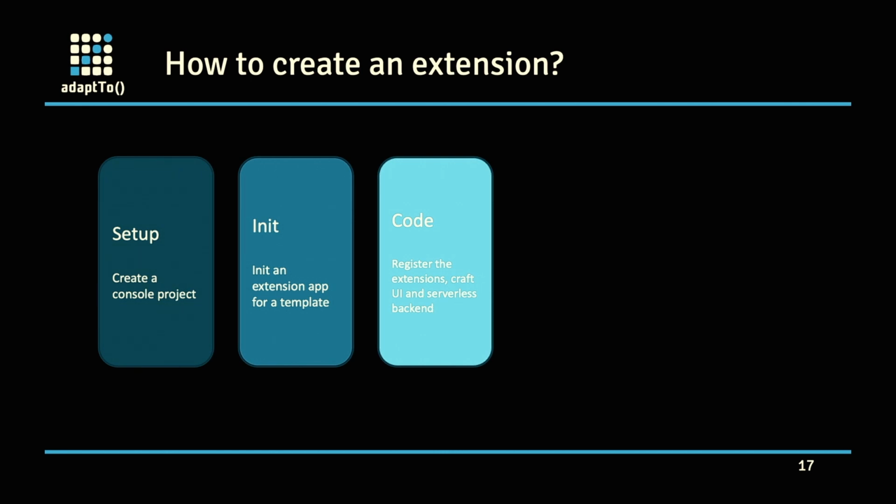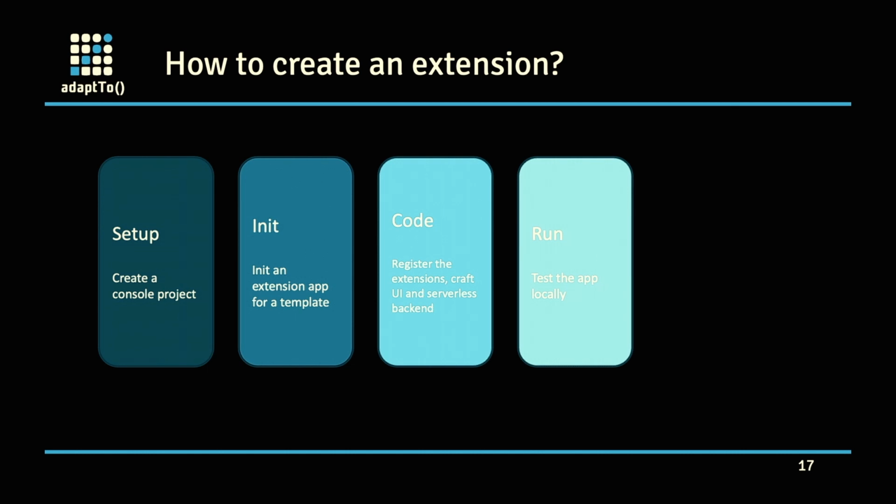Third one, we need to customize our code. So that's where the magic happens. This is where we will be feeding our model, creating our runtime action to contact with OpenAI, and so forth, and so on. We'll be looking at code afterwards, don't worry. Once it's done, you just AIO app run. This will ensure that the code is working. You can do some local testing, include your extension within your AEM instance and see that it works, because you can do that at runtime.